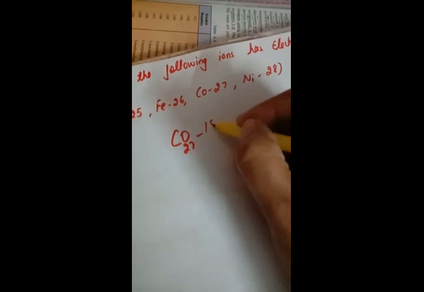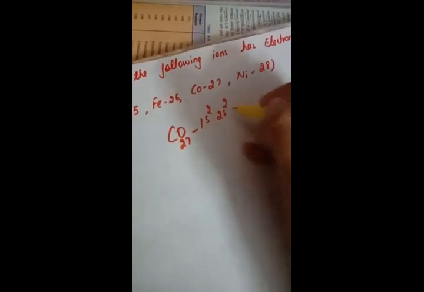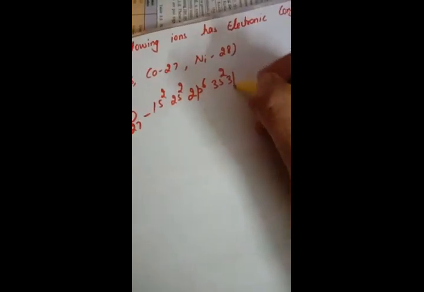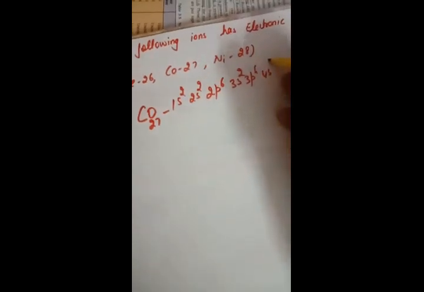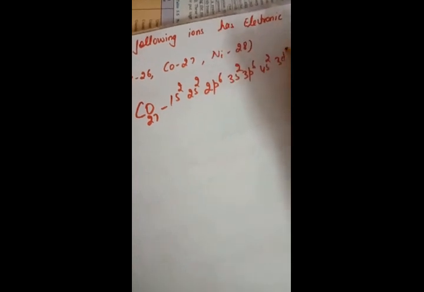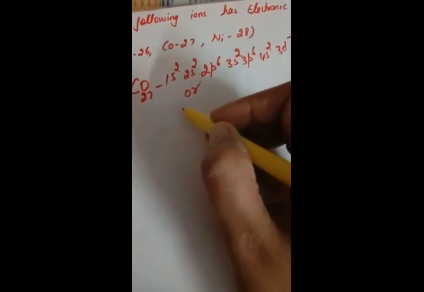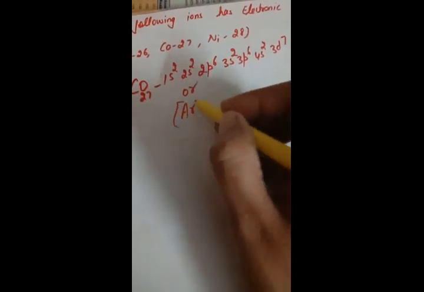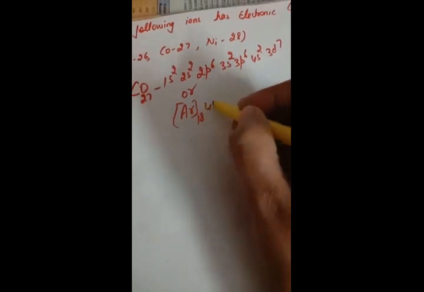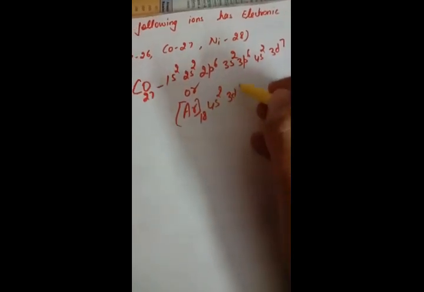If I write its configuration, it becomes 1s2, 2s2, 2p6, 3s2, 3p6, 4s2, then 3d7. Or in short, in noble gas form, you can write argon 18, 4s2, 3d7.